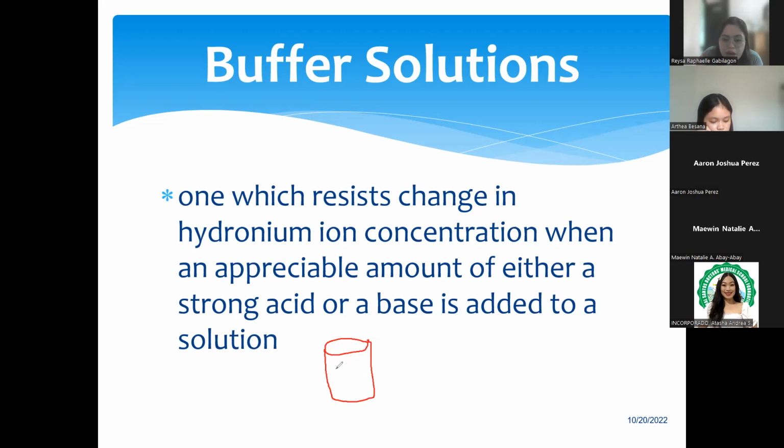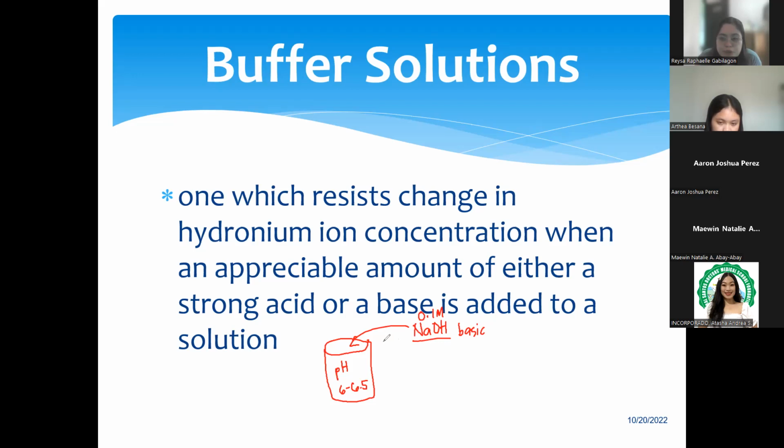Tapos gusto mo na ang pH niya ay magsistay as like acidic between 6 to 6.5. Kaya lang magdadagdag ka ng sodium hydroxide na lesser lang ang concentration, example 0.1 lang. Magdagdag ka ng konting sodium hydroxide. So basically mag-change ang pH mo kasi remember this is basic and then your substance here is slightly acidic.